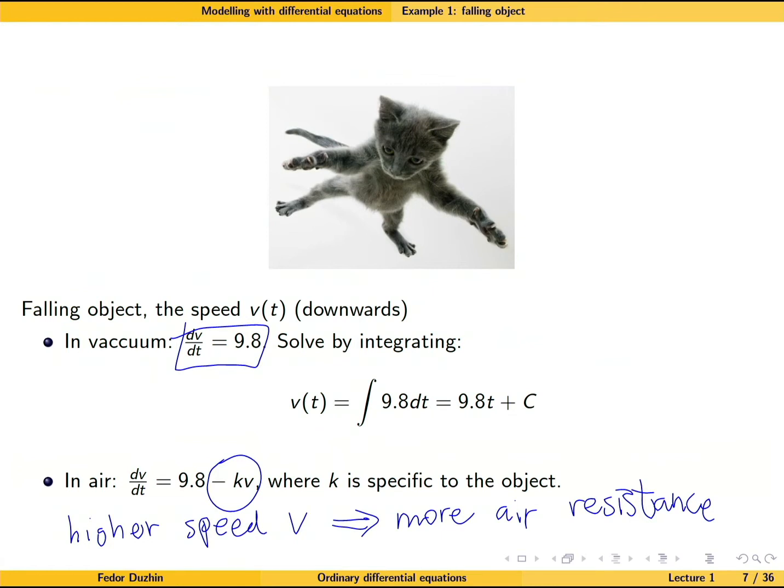So as far as I know, for some processes this law is good, but for some other processes, instead, we would have dv/dt where the air resistance would be proportional to the square of the speed. So then we would have 9.8 minus k v squared instead.